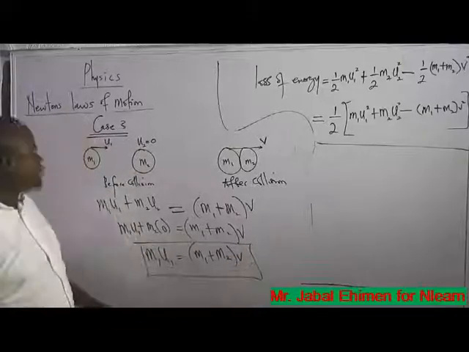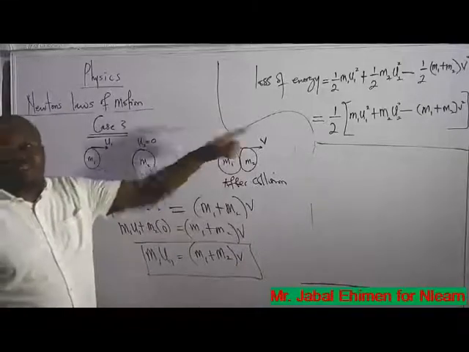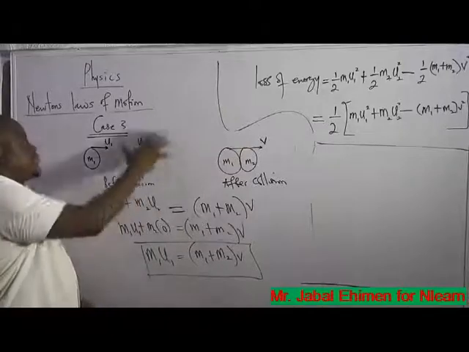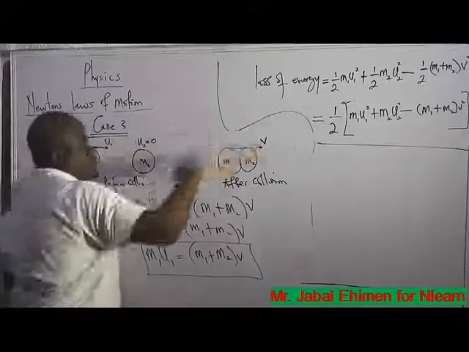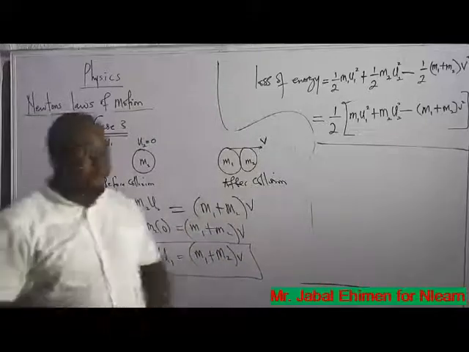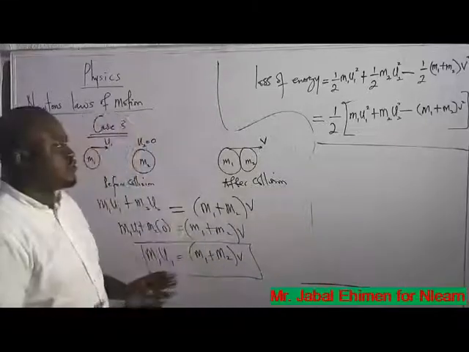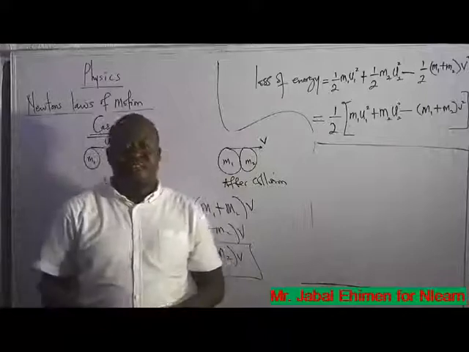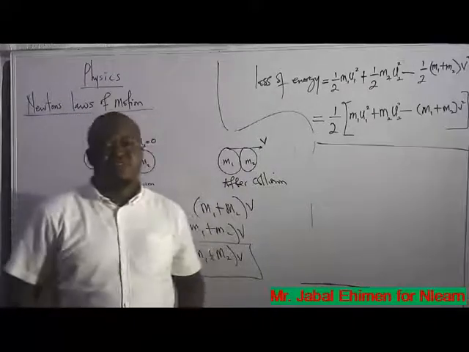And the loss of energy can be obtained from the energy of this minus the energy of this. So from here, we've understood how collision, elastic, inelastic, and the 3 different cases have been considered.